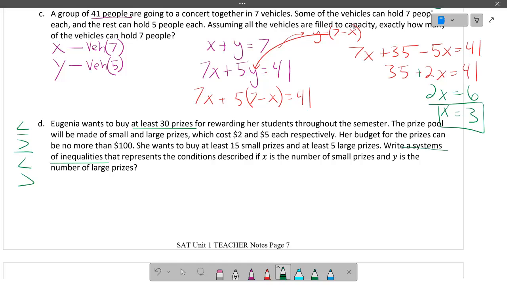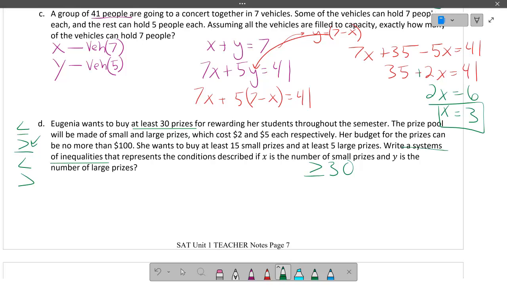Less than, equal to, greater than, equal to, less than, or greater than? Greater than or equal to 30 prizes. 30 needs to be the least value, at least 30. So 30 has to be the smallest, anything else has to be greater. So we want an amount greater than or equal to 30.